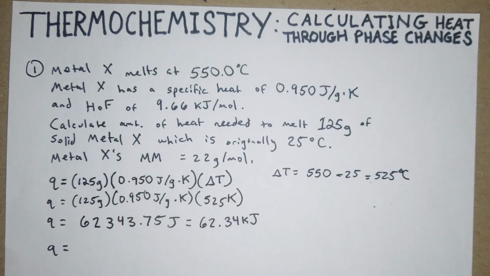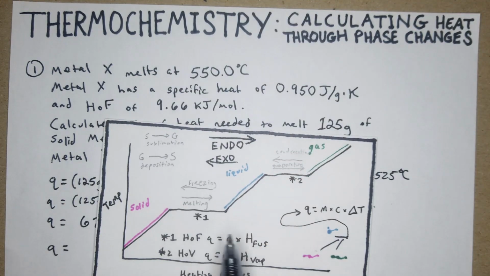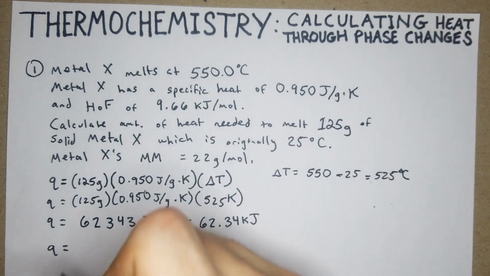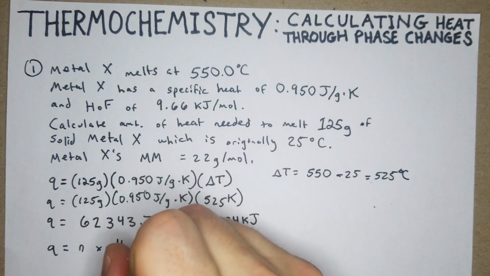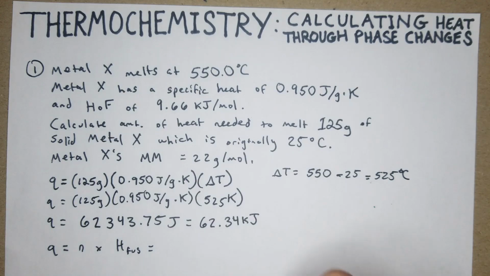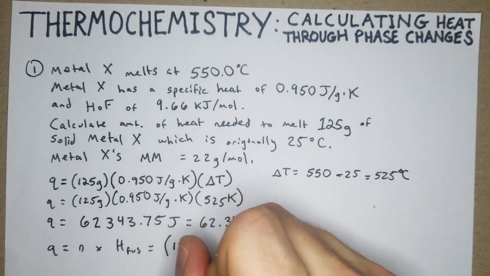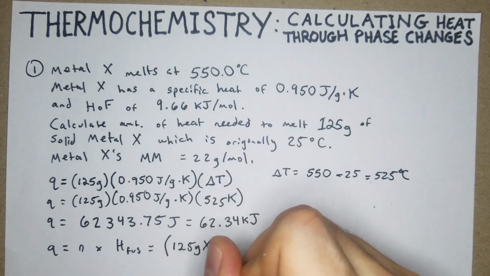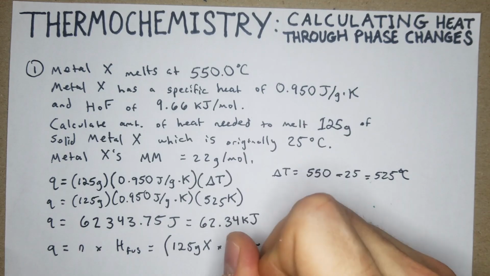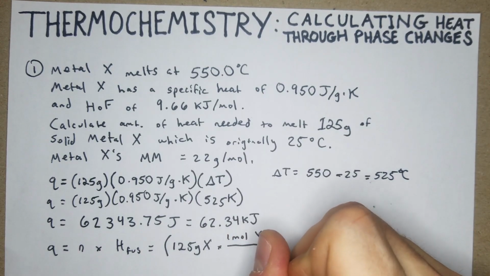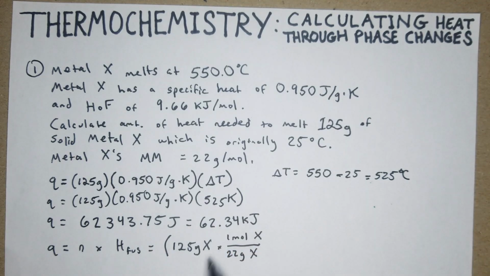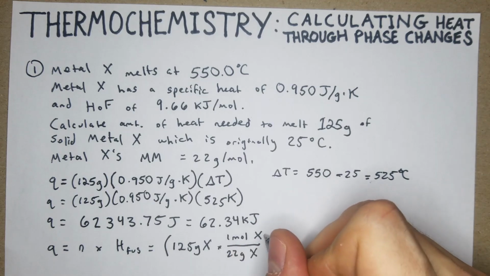In this case, the next step will be right here, our asterisk 1, which is what I put it as, n times heat of fusion. So let's see here. We have 125 grams of metal X times 1 mole of metal X over 22 grams of X, because we know the molar mass is 22 grams per mole.